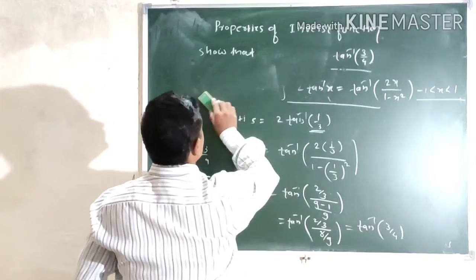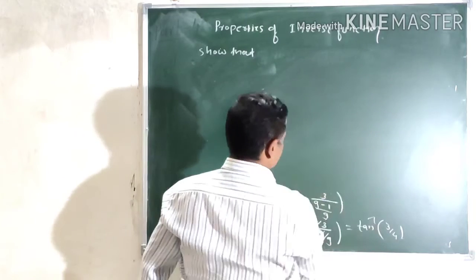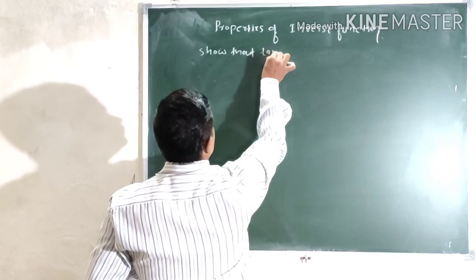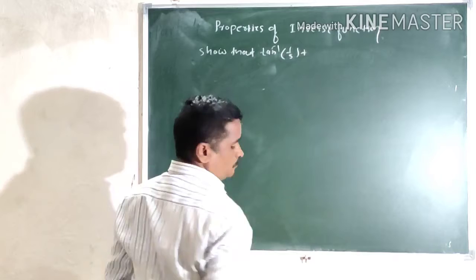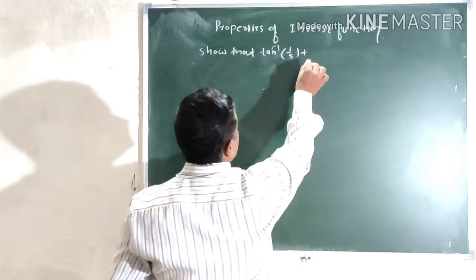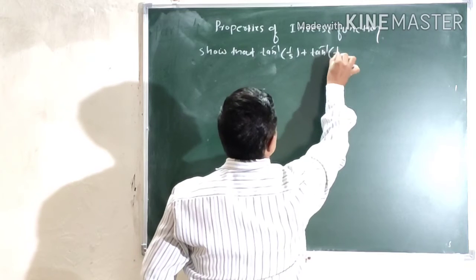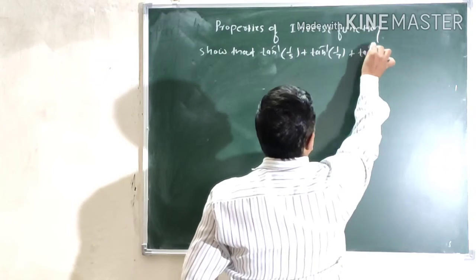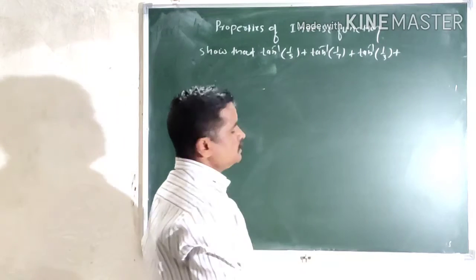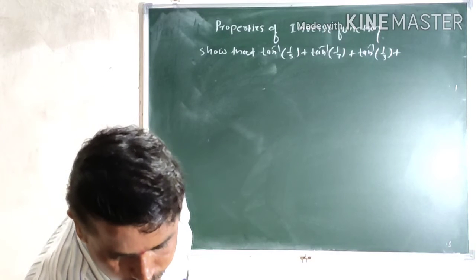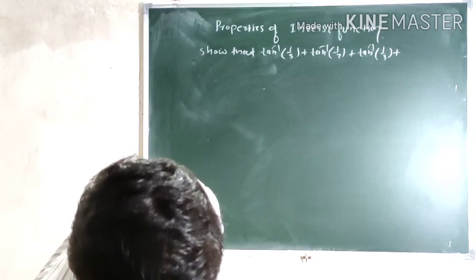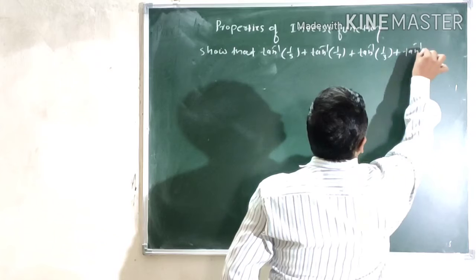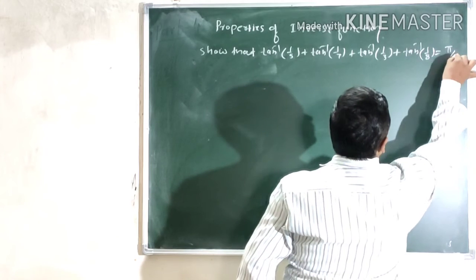Show that tan inverse of 1 by 5 plus tan inverse of 1 by 7 plus tan inverse of 1 by 3 plus tan inverse of 1 by 8 equals pi by 4.